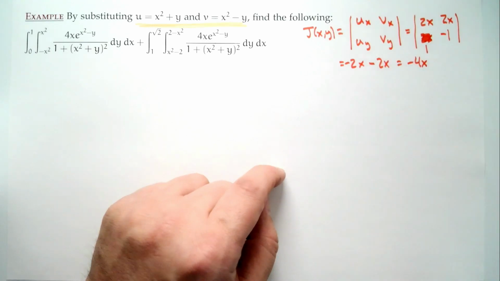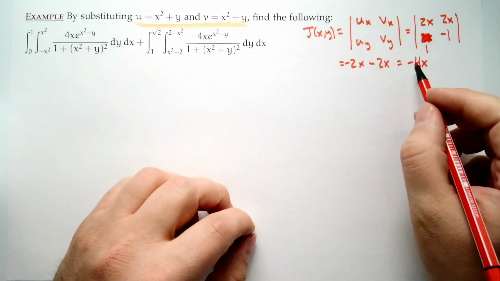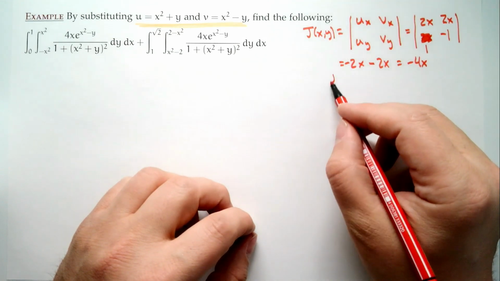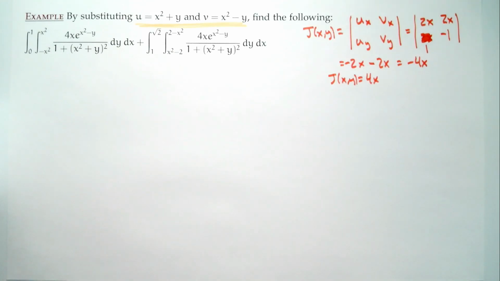But of course, I want the positive, because the Jacobian should always be positive. The reason is that it's a measure of how much you're contracting or dilating, which is a positive quantity. So I get rid of the negative, which tells me that the Jacobian of x, y is 4x. Now, what does that say?